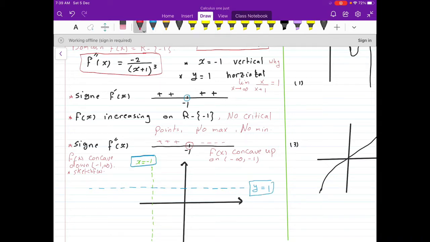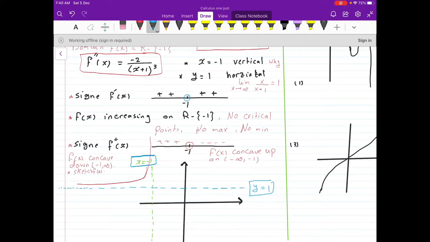Now, the behavior of the function when x is less than minus 1: the function is increasing and concave up, and it will approach y equals 1. So this function is increasing and concave up. As x approaches minus infinity, it will approach the horizontal asymptote.